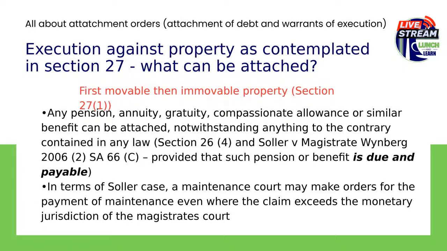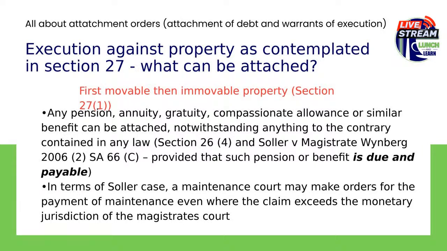So in terms of the Soller case that I just referred to, a copy of which is in the resource folder that you can download, the maintenance court obviously has increased jurisdiction when it comes to the monetary value that is normally curtailed for the magistrate court.